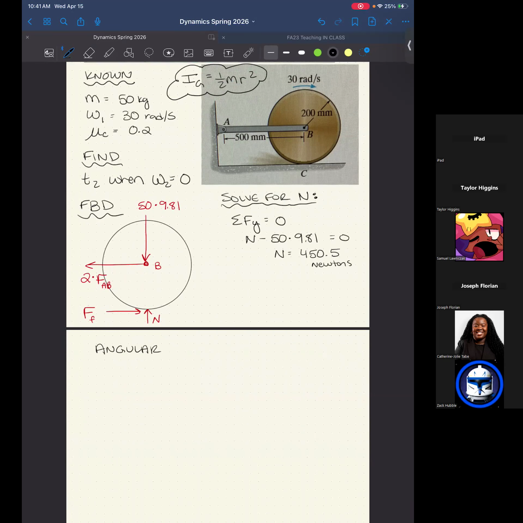This was 490. Yep. So, sorry, is there no Y direction for AB?